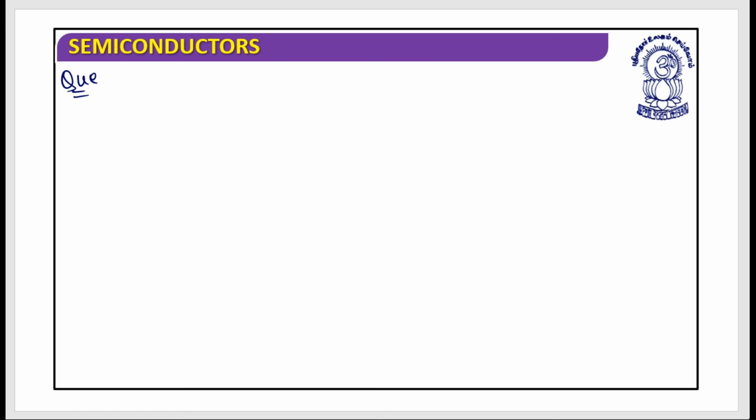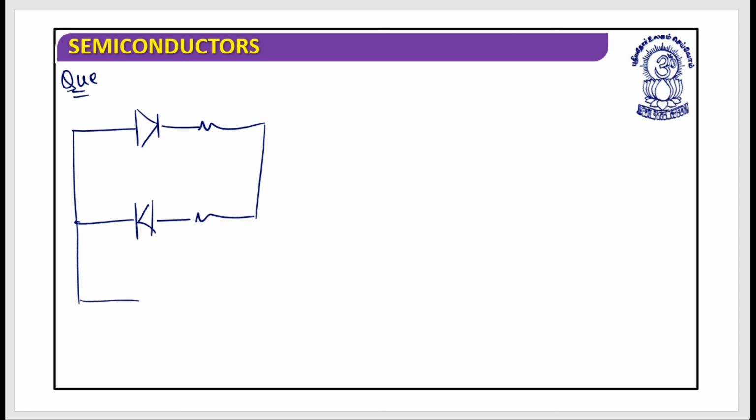Suppose the situation is that this is one of the diodes. This is the other diode. This is the battery and this is the resistance. This is D1, this is D2, this is 10 ohm, this is 10 ohm, this is a battery of 20 volt, and again this is 10 ohm.